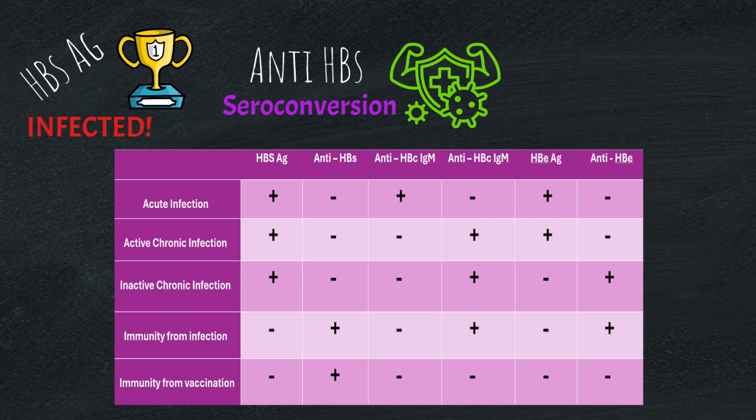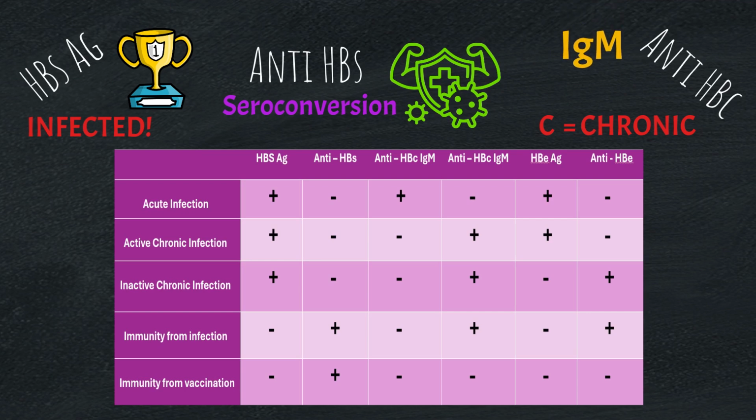Now we get to the core antigen, which is part of the viral capsid. Remember one thing, C equals chronic. HBc antigens are not clinically relevant, as we mentioned. However, antibodies to HBc, or anti-HBc, are routinely measured in Hep B serology. Its IgM form is raised during acute infection and falls within 6 months.